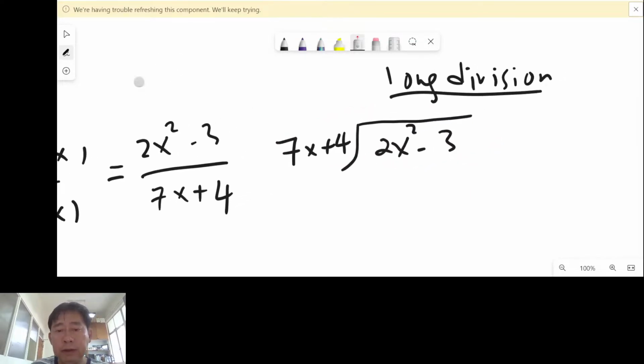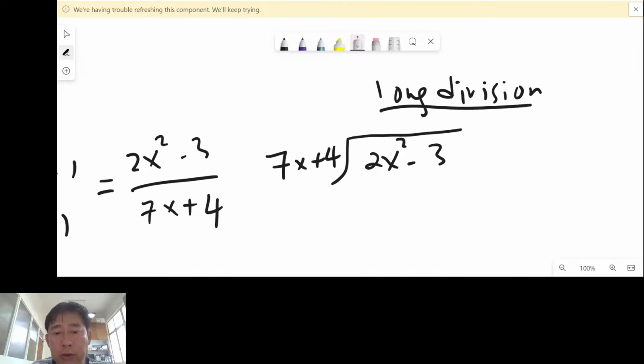First you want to get rid of the 2x squared term. So you multiply 7x plus 4 by something such that it gives you a factor of 2x squared. You multiply by an x, and x times 7x will give you 7x squared. But what you want is not 7x squared, but 2x squared. So how do you get 2x squared?